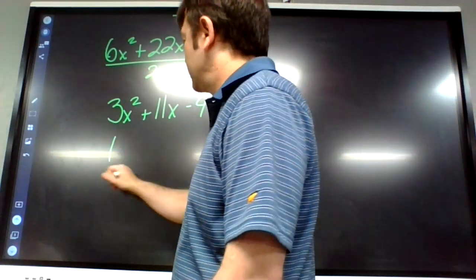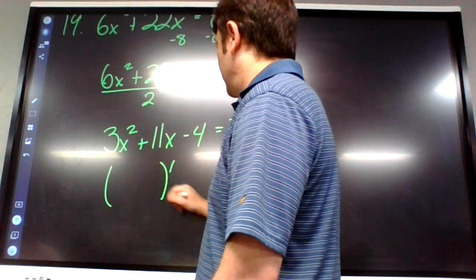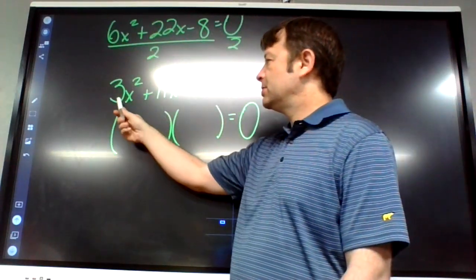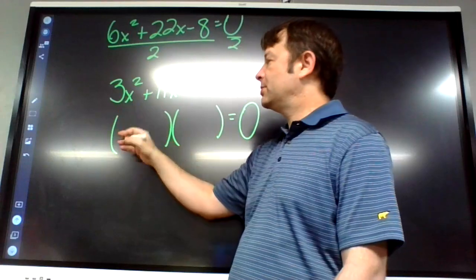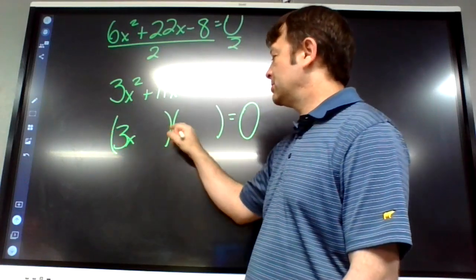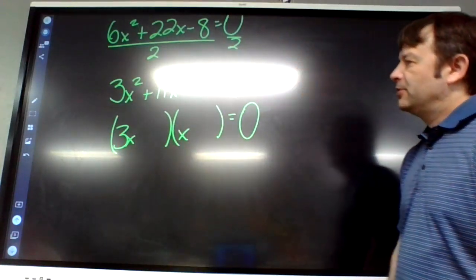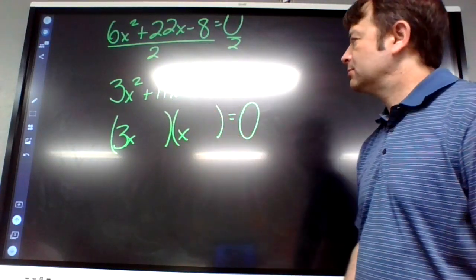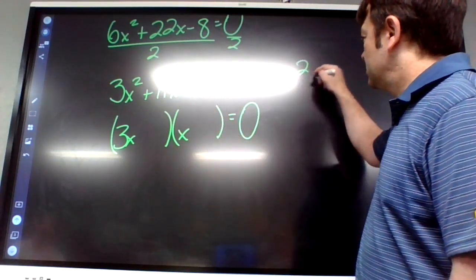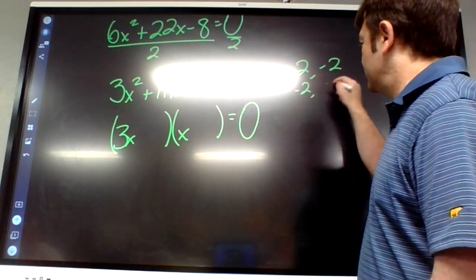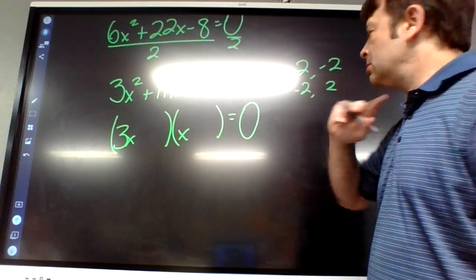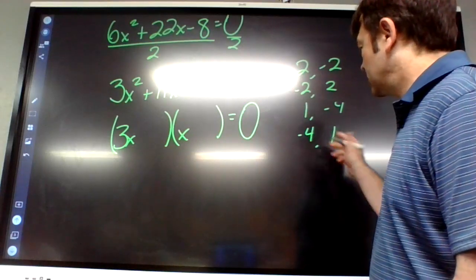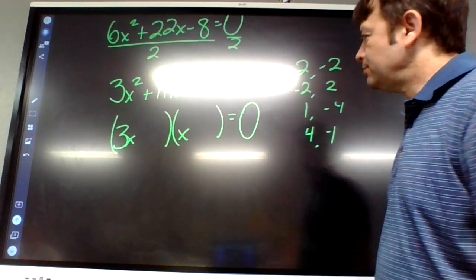Okay, so it's time to factor. What is going to go in the front of my parentheses? What goes into 3x squared? 3x times x. For the back, what multiplies into negative 4? 2 and negative 2, negative 2, 2. What else? 1 and negative 4, or negative 4 and 1, or 4 and negative 1.